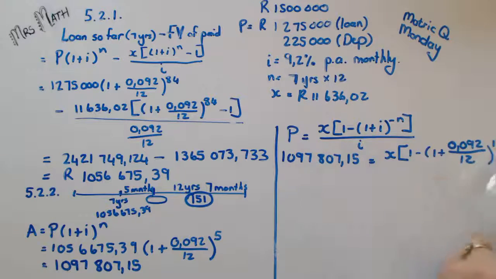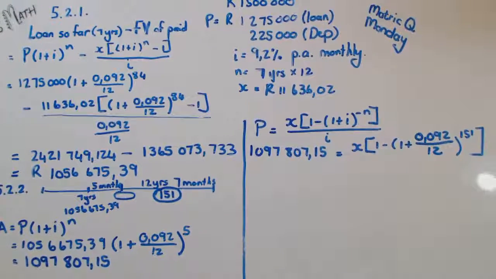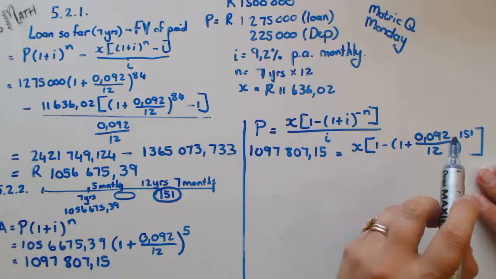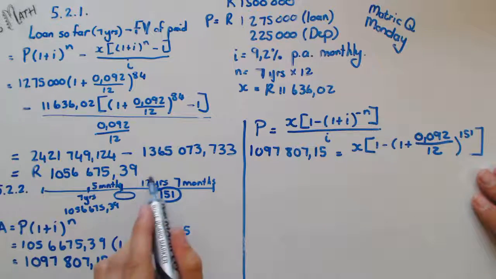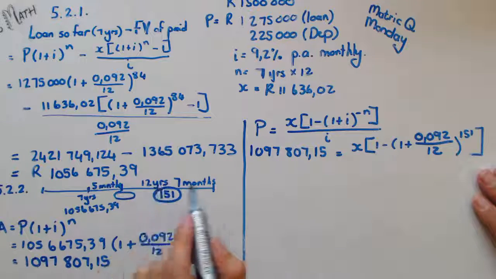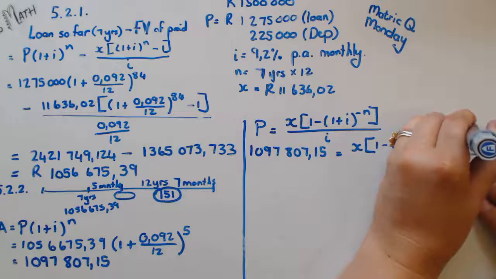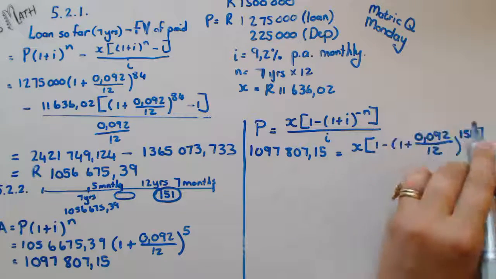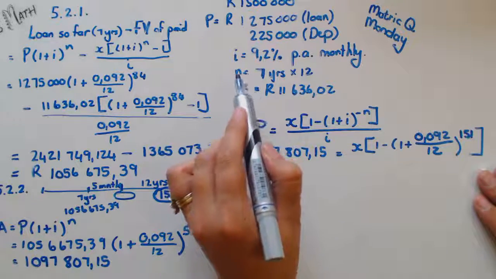Okay, the 151 seems weird. Oh, you can't see anymore. Let me just move up the board a little bit. Okay, great. The 151 is basically from this 12 years, 12 times 12, and the 7 months that I add. So this is a bit of a weird concept, but just think of this not really as the number of years, like you always did.